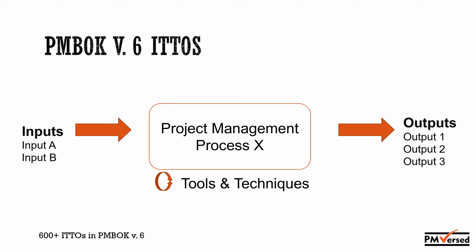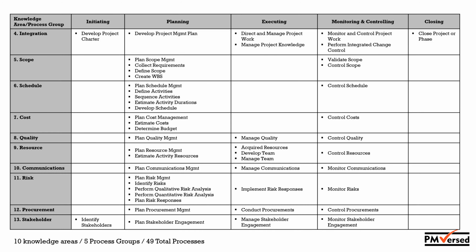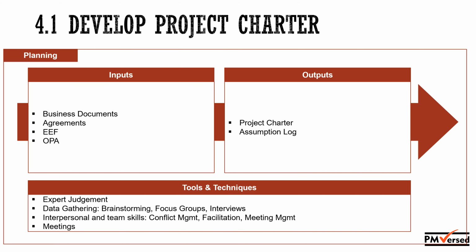So this is why we first focus on understanding what each process is and what it does, and then you can focus on the inputs, outputs, tools and techniques. Like you see here, we can take one example in the integration knowledge area. Under initiating, we're going to take the Develop Project Charter process. Just take a look at it.